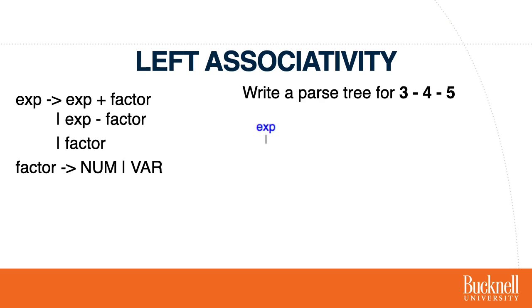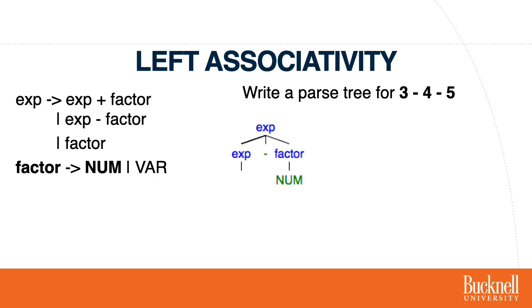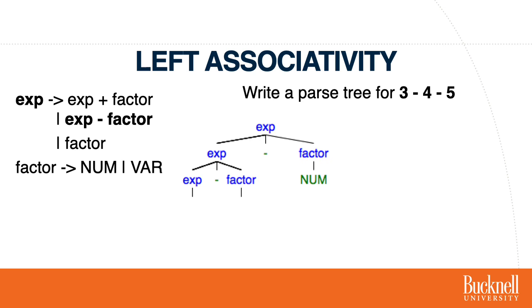We start with expression. Then, if we want to subtract, we replace expression with expression minus factor. We cannot replace factor with another minus symbol. When we replace factor, it either has to be a number or a variable. The other expression, however, can be replaced with expression minus factor, giving us another minus sign.